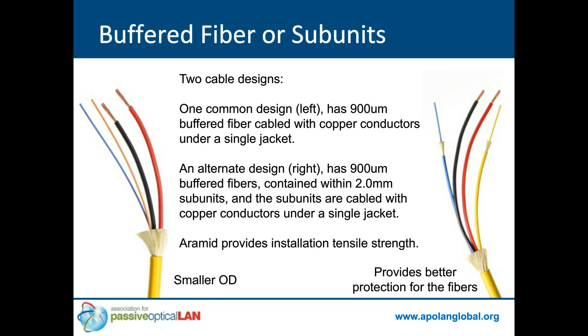Both of these will typically have aramid yarns for tensile strength. And down at the bottom, we really show the key advantage of each design. On the left, with no subunits, you have a smaller OD, outer diameter, and on the right, you provide better protection for the fibers. And each of these has their own use within your network.